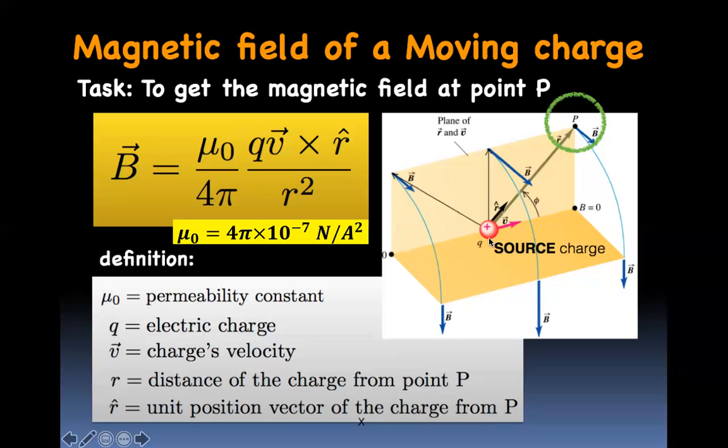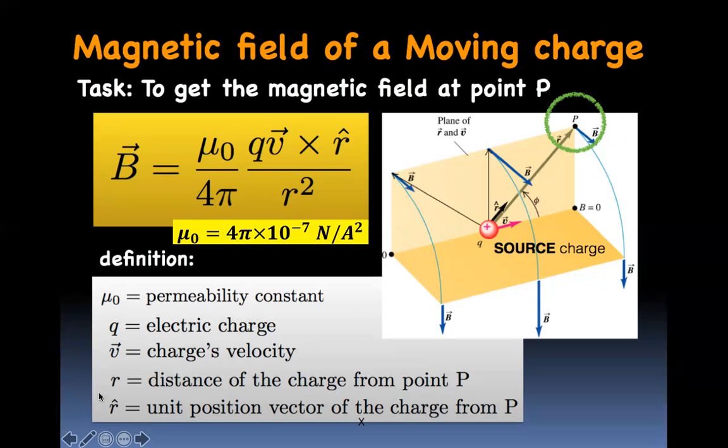The formula to get the magnetic field is given by mu naught divided by 4 pi times q times the cross product of the velocity v and r hat divided by r squared. Here, mu naught is the permeability constant that is equal to 4 pi times 10 to the minus 7 Newton per ampere squared.